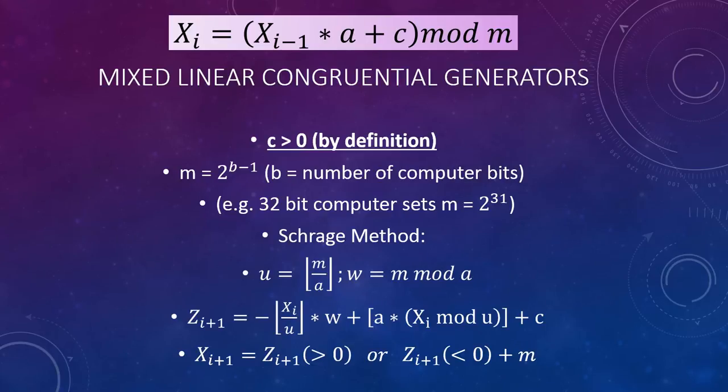When we use such a high value of m, the result shows it repeats only after a really long time, more than 2,000 times, or a lot of times, when you generate random numbers.